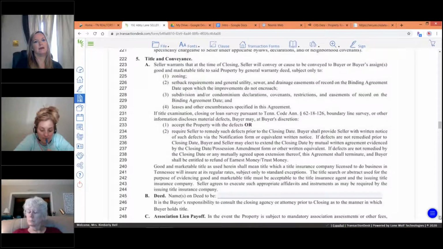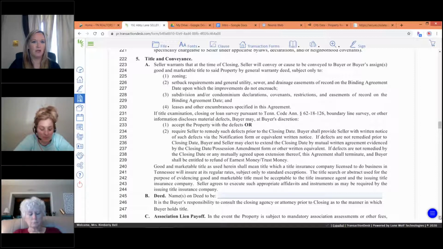Title and conveyance. Seller warrants that at the time of closing, the seller will convey or cause to be conveyed to the buyer or assignees good and marketable title to said property by general warranty deed, subject only to zoning, setback, subdivision. So they're saying, hey, it's only these.